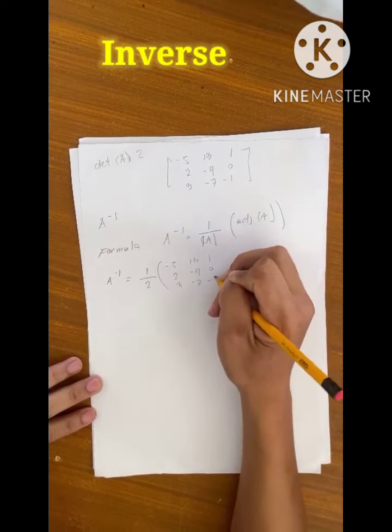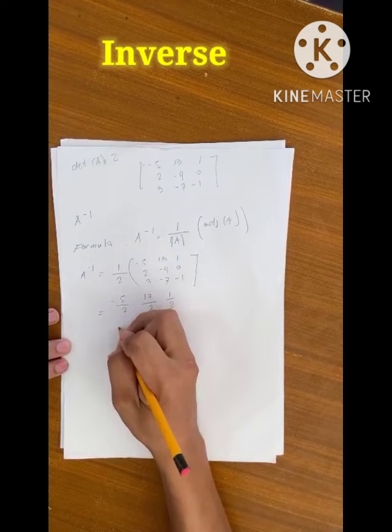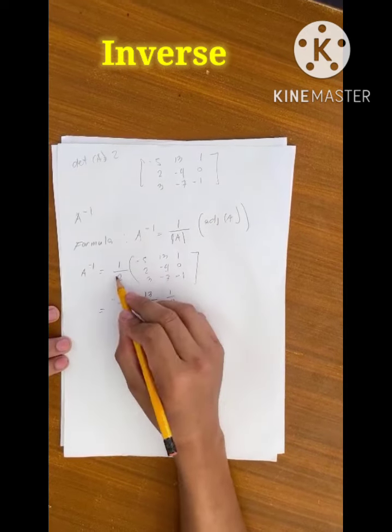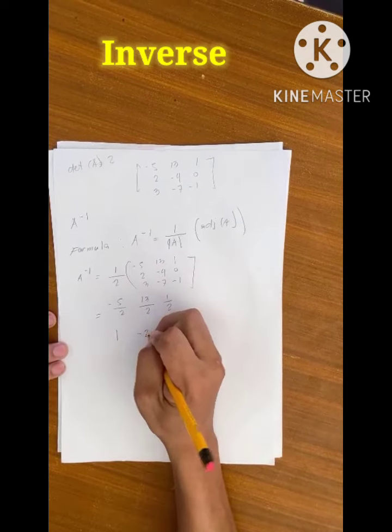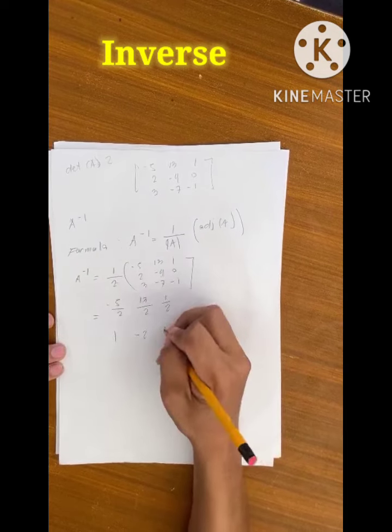So 1 half times negative 5 is equal to negative 5 over 2. 1 half times 13 is equal to 13 over 2. 1 half times 1 equals 1 half. 1 half times 2 equals 1. Negative 4 times 1 half is equal to negative 2. 0 times 1 half equals 0.